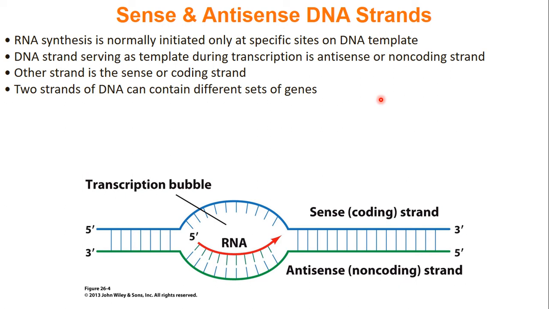So when we get to the initiator, the sigma is going to create the transcription bubble, right? And the sense strand, which is coding, is what the RNA is going to have the same nucleotides as. So, for example, if our sense strand was ATG, the RNA would be AUG.